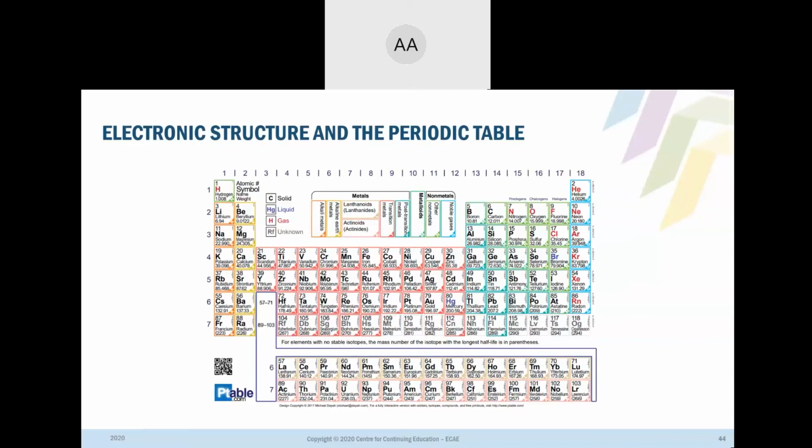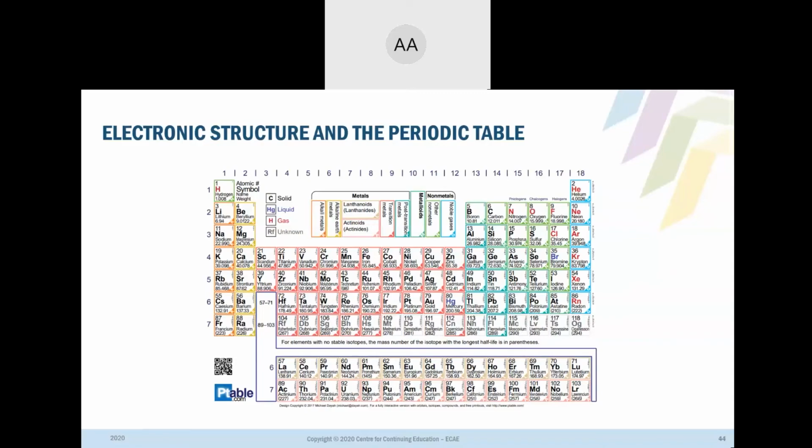We've reviewed the fact that the mass and atomic number are related to the subatomic particles. The mass number is protons plus neutrons, and the number of protons is the atomic proton number.